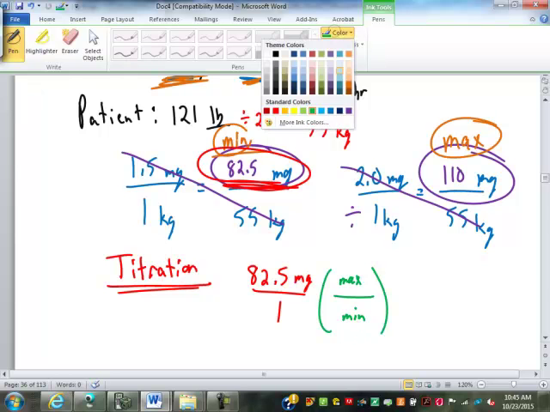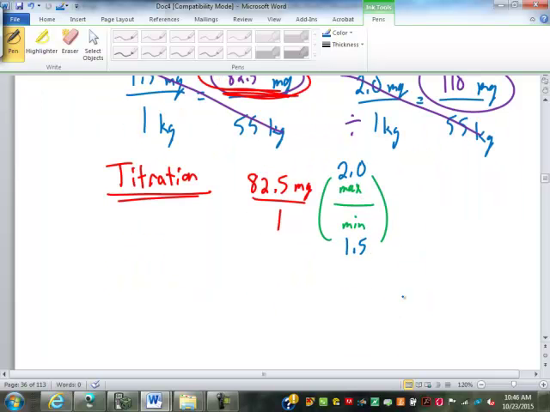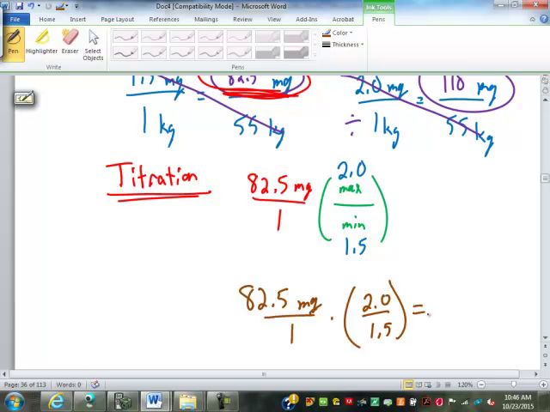So what does that mean for this problem? For this problem, the minimum was 1.5 milligrams per kilogram, and the maximum was 2.0 milligrams per kilogram. So for this problem, it would be 82.5 milligrams, put it over 1, and multiply by 2.0 over 1.5.